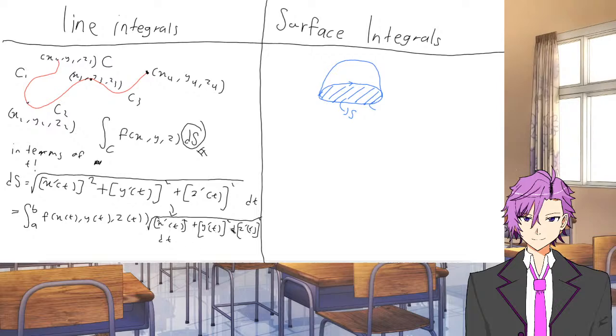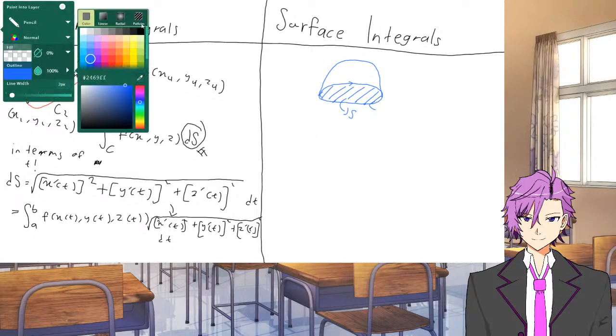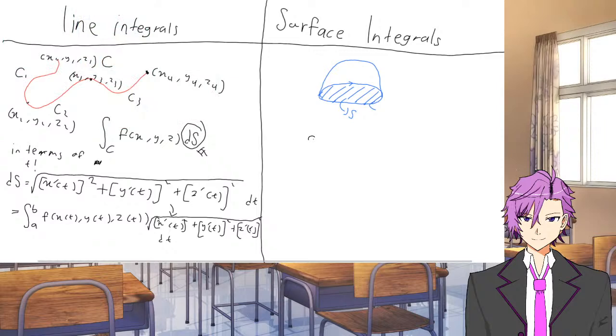So we'll use the Riemann sum again, and we define this as, for example, g(x, y, z) ds. That is the definition of the formula.